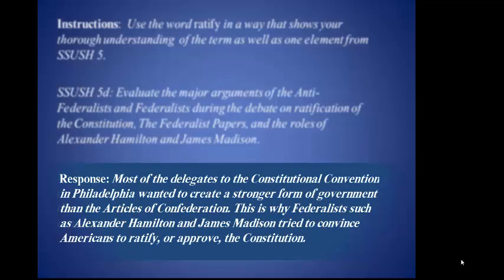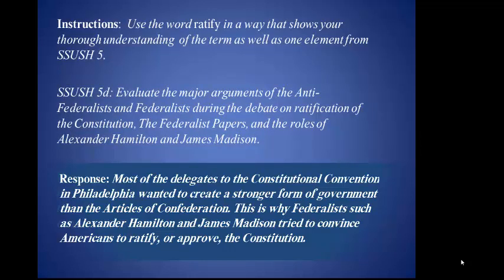Response could be, most of the delegates to the Constitutional Convention in Philadelphia wanted to create a stronger form of government than the Articles of Confederation. This is why Federalists such as Alexander Hamilton and James Madison tried to convince Americans to ratify or approve the Constitution. Now we've got it.